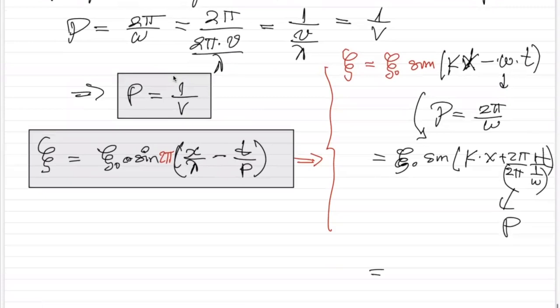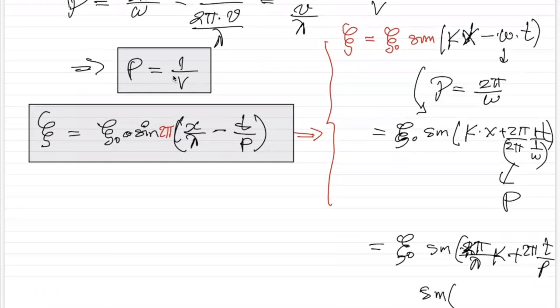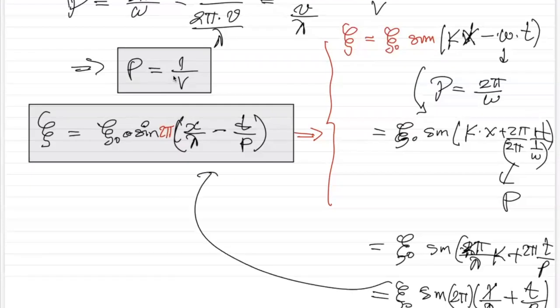So I was mistaken, sorry. It's sine of 2 pi times x over lambda minus t over P, which is equal to this one.